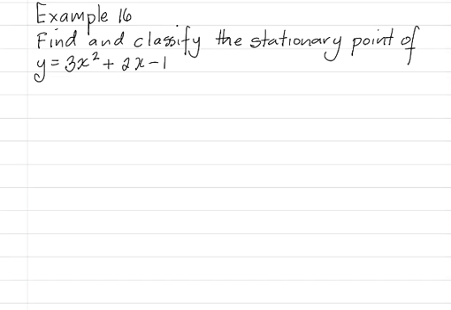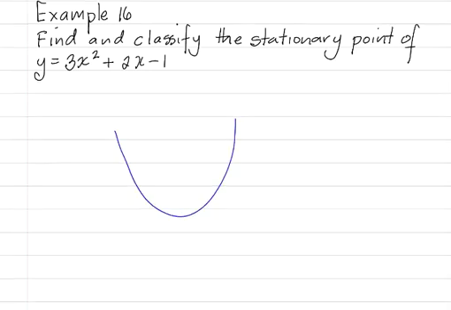It's a positive quadratic expression, meaning that the x squared term is positive. This function should have a minimum turning point. The graph of a quadratic function is a parabola, and in this instance it should be a smile. If it's a smile, you're going to have a minimum turning point. All right, let's see if the calculus supports that.